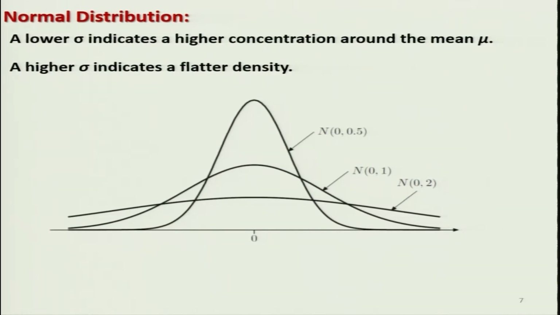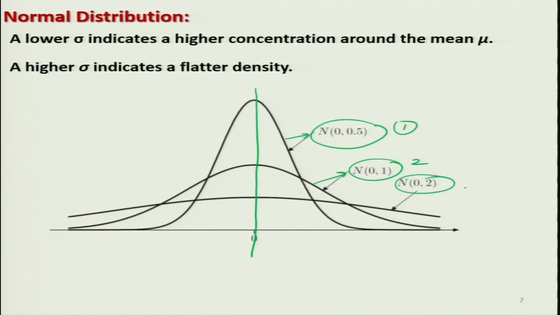So, in case you try to plot this normal density curve with, let us say, mean 0, suppose this is mean 0, and you plot curve number 1, which is here, curve number 2, which is here, and curve number 3, which is here.